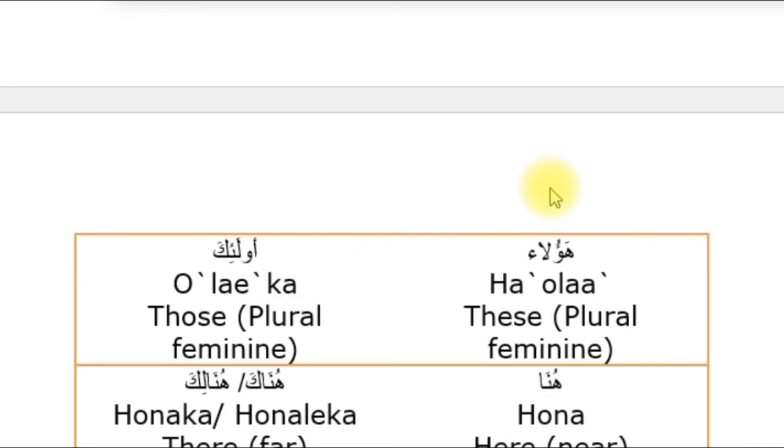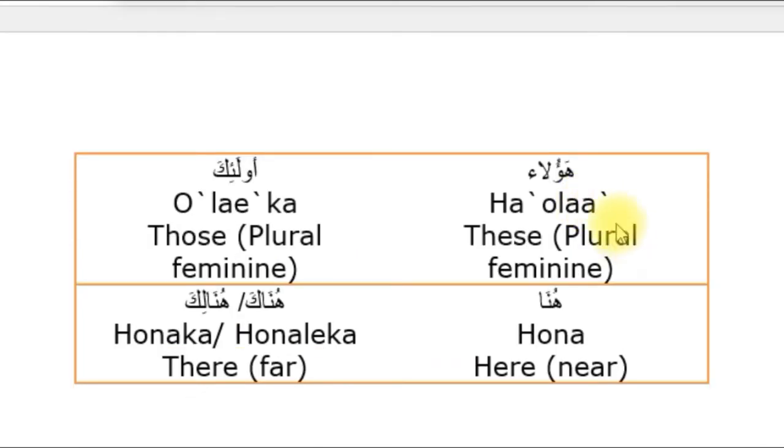The same format can be used for feminine. هؤلاء, these for plural feminine. أولئك, those for plural feminine. هنا, here, for near things. هناك, هنالك, there, for far.